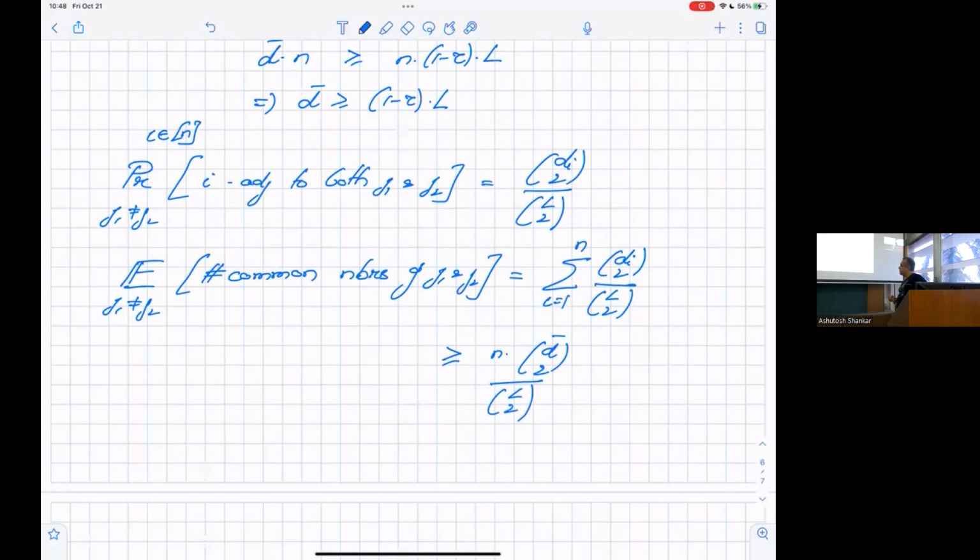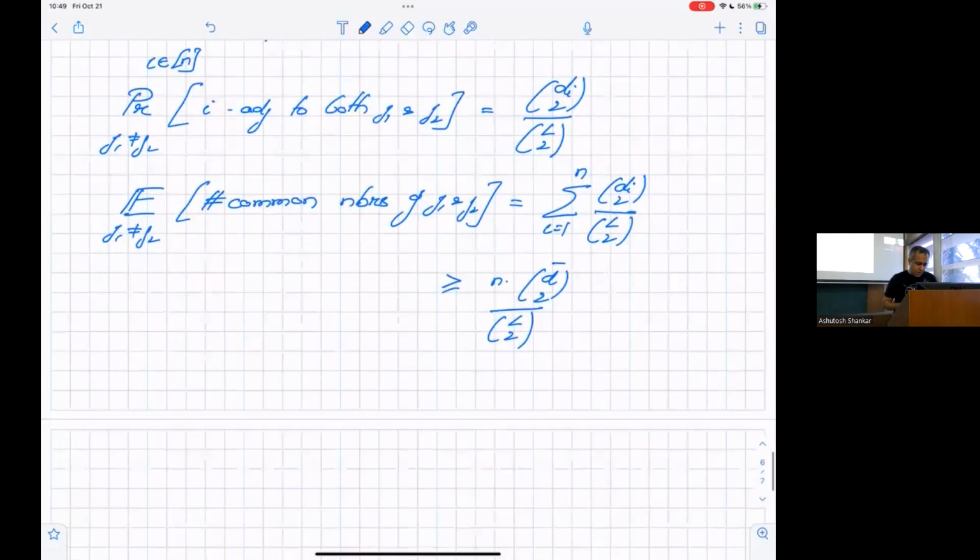Why is that? x into x minus 1 by 2 is a convex function, therefore the average of those is at least the function of the average, and because it's the average, there's an n that will come out. I just don't want to carry di.